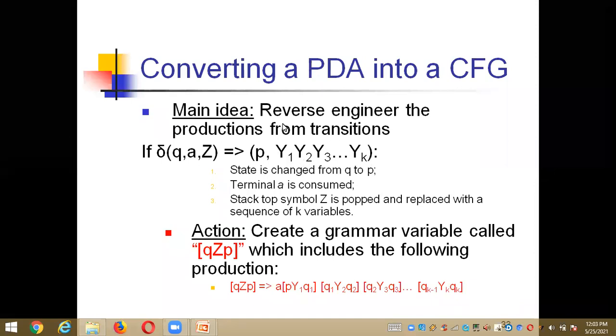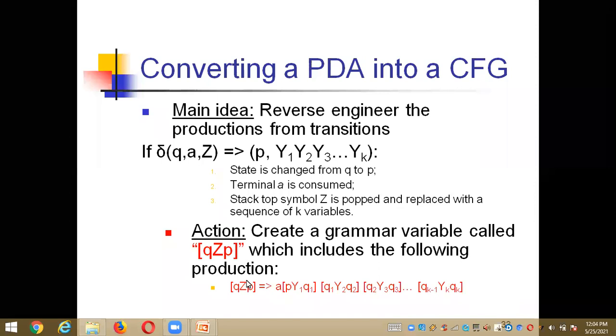So the first thing we see here is that the state is changed from q to p, and the terminal a is consumed. After consuming this terminal, the input becomes epsilon, and the stack top symbol Z is popped and replaced with a sequence of k variables like this, right? So this is reverse engineering the production from the transitions.